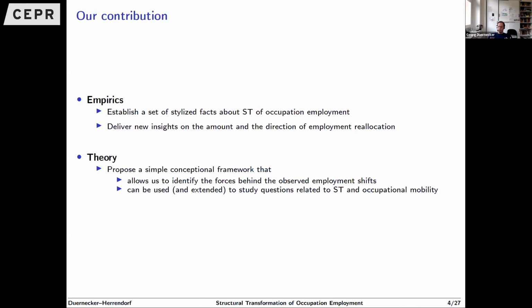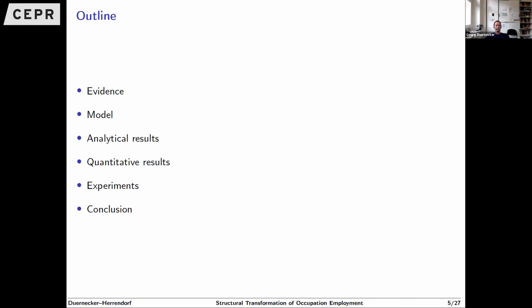This framework is very simple. It can be extended in a straightforward manner to address questions related to structural transformation and occupation employment. Here's a brief overview of the rest of the talk. I first show you some evidence, then present the model, then derive some analytical results, then some quantitative results, then we do some experiments, and finally we conclude.